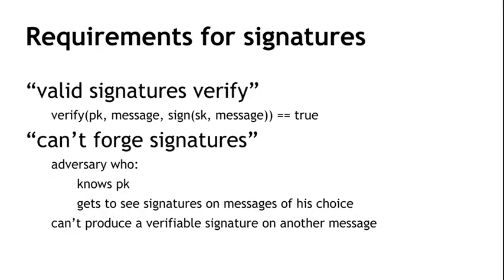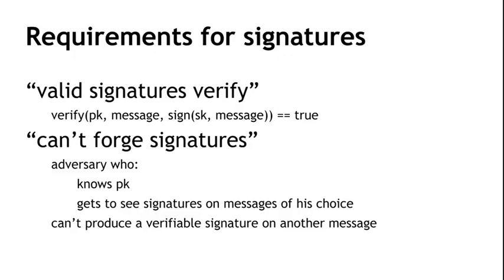Okay, so the requirements for signatures, at a slightly more technical level, are the following two. First of all, valid signatures will verify. That is, if I sign a message with SK, my secret key, and someone later tries to validate that using my public key and the same message, it will validate correctly.